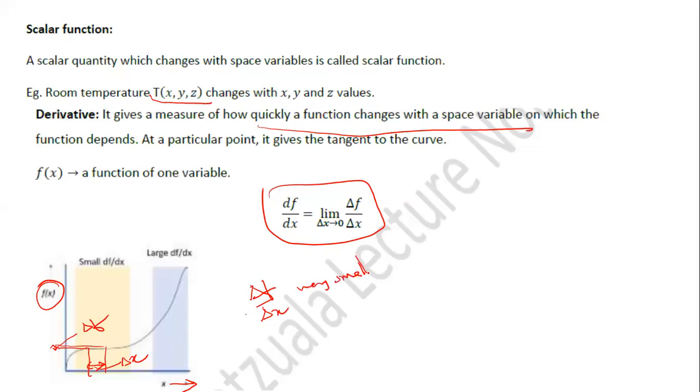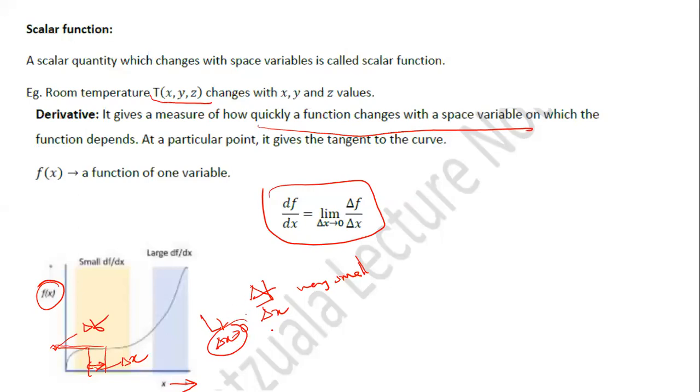Now, the derivative at a certain point is simply when you consider the limit where your increment in the independent variable x is very, very small, that is, del x tending to 0.